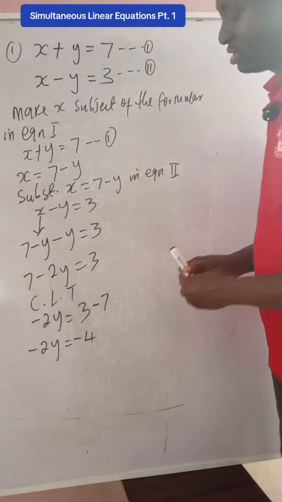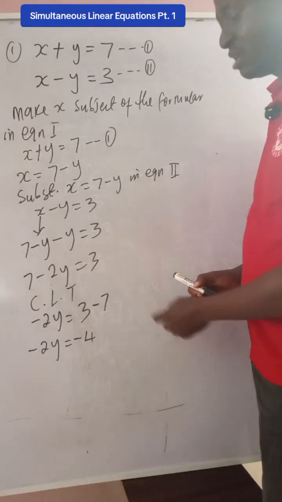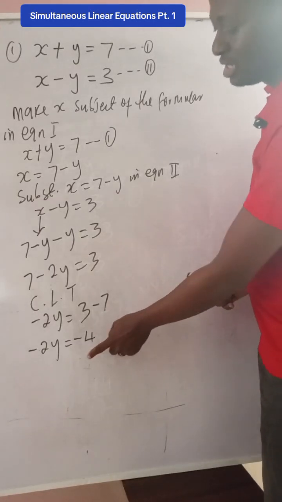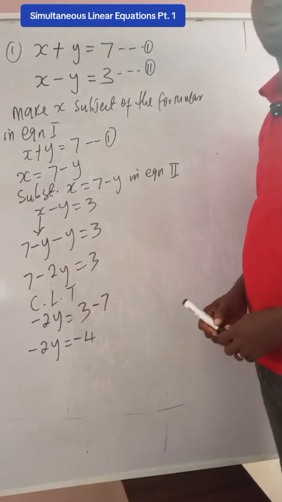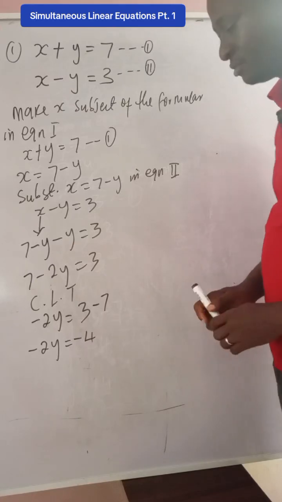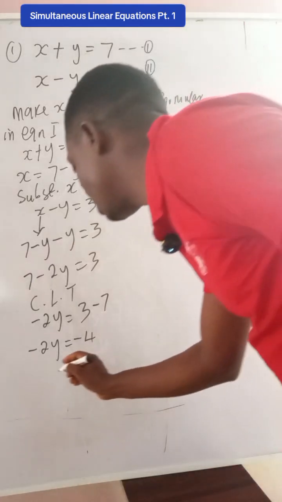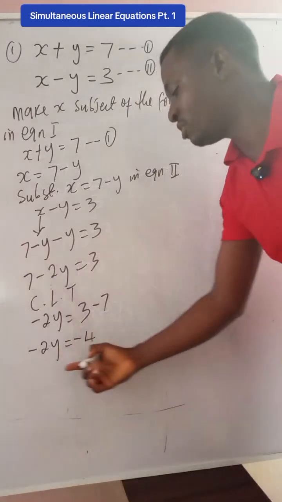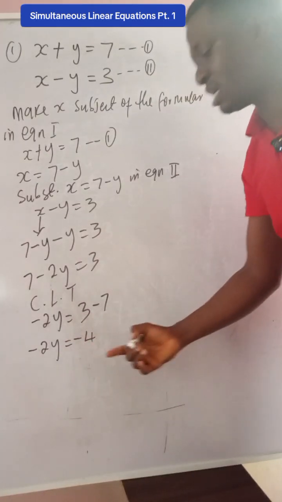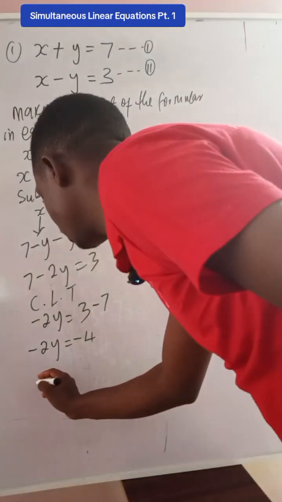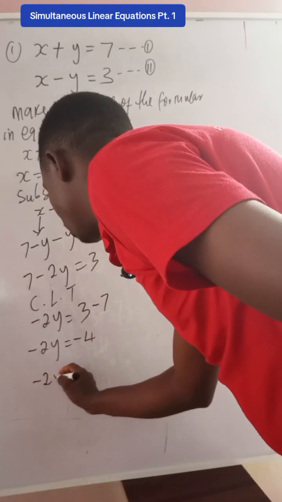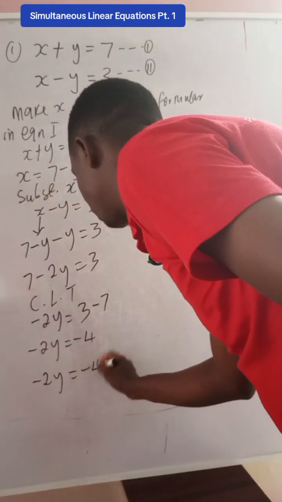Why is it so? Because the smaller number comes first before the bigger one. If it was 7 minus 3, the answer would have been positive 4. But since we're having smaller number before the bigger one, that is why the answer is negative. So the next thing here is to divide. For us to find y, we are going to divide both sides by the coefficient of y. We have here minus 2y equals to minus 4.